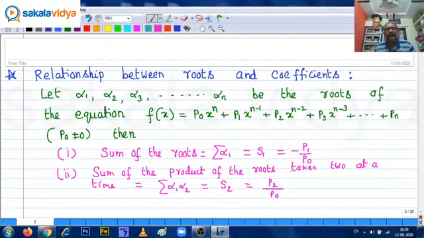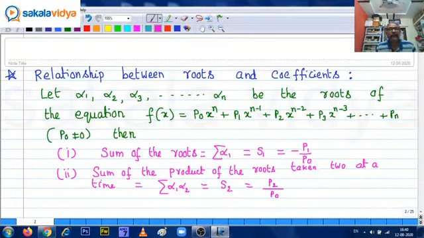Next, similarly, the sum of the product of the roots taken 3 at a time, taken 4 at a time, that also we can find out. So last we can find out the product of the roots, that is alpha 1 into alpha 2 into alpha 3 into alpha n. That is called Sn.